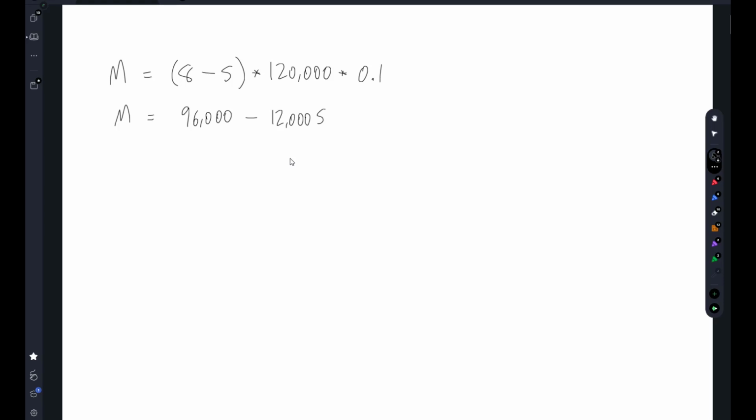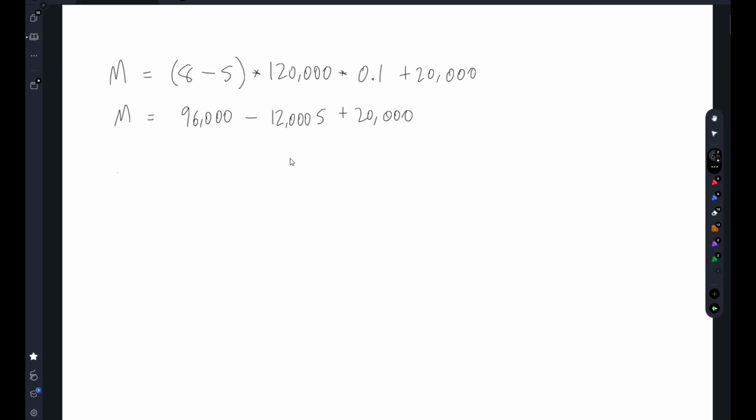We're now going to add on to our manager's compensation a $20,000 fixed salary. They get this $20,000 no matter what they do. So we're going to add that on to our income.